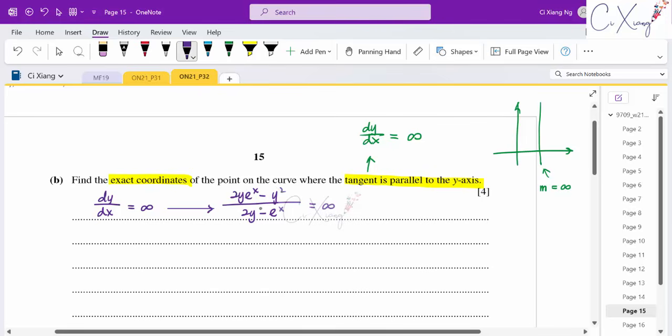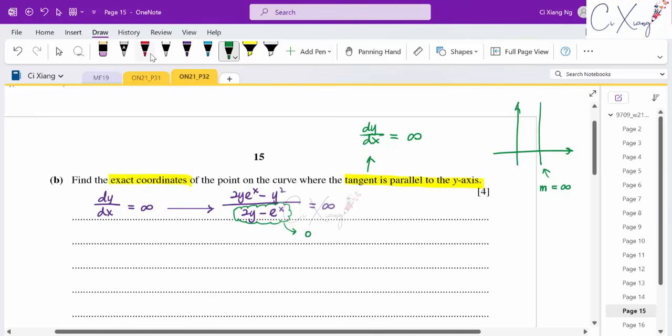To get the whole fraction equal to infinity, the only possible way is to have a very small value for the denominator. Because if the denominator approaches 0 or is very, very small, then I get something divided by a very small value equals to infinity.